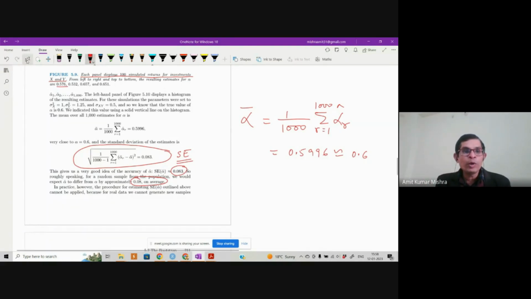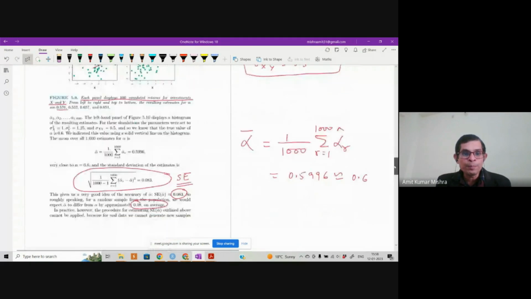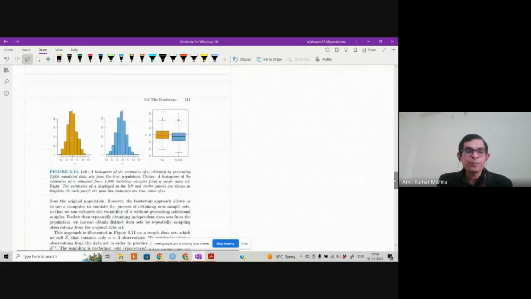And if you plot the histogram of this data, see, this is the histogram. This is 0.6, and these are the estimates of alpha.